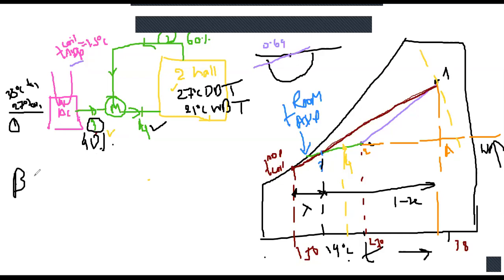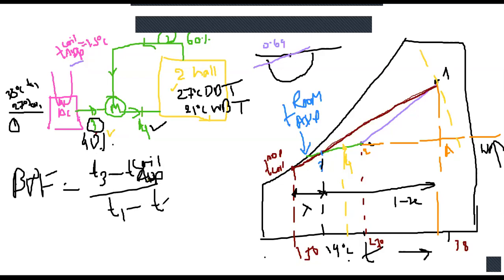So BPF equals T3 minus TADP of coil, by T1 minus TADP of coil.